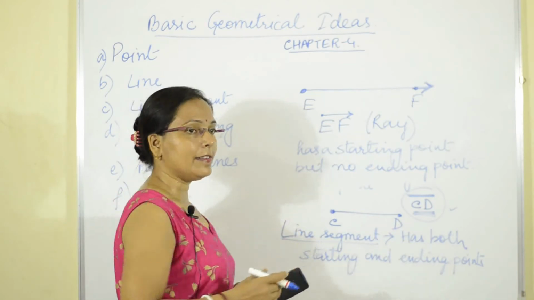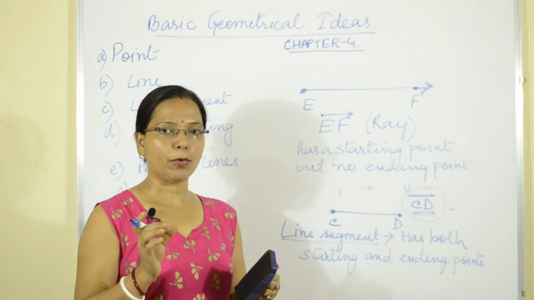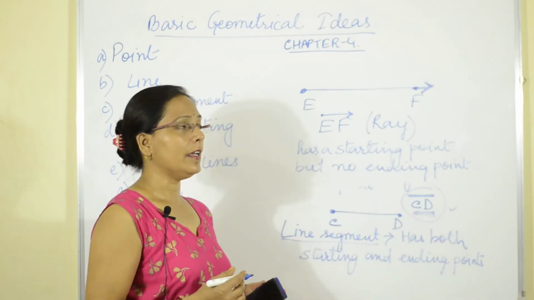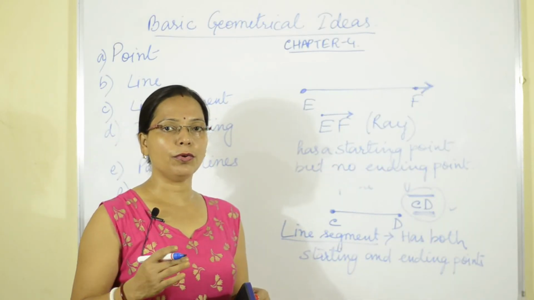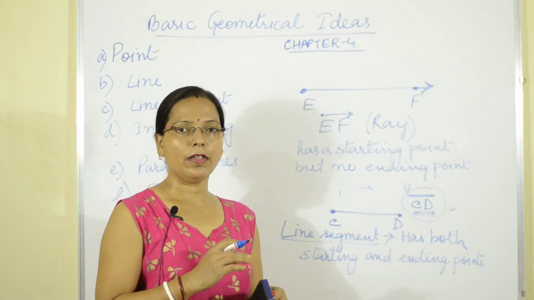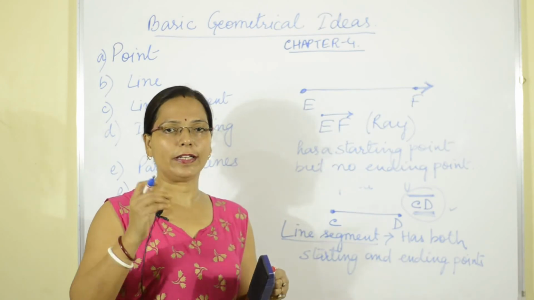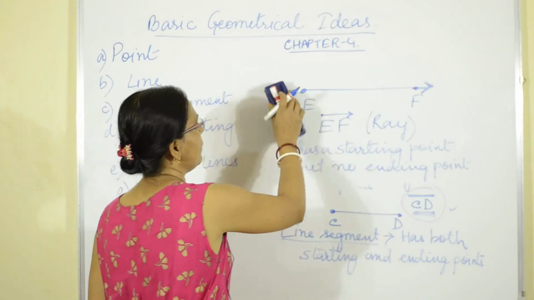Now, what is a line segment? It is a cutout portion of a line, and it has both starting and ending point. And the last one is a ray. A ray has a starting point but no ending point. So, these are the three types of lines. You can say these are the parts of lines only, and lines are formed by joining the points, right. Now, let us proceed to different types of lines.